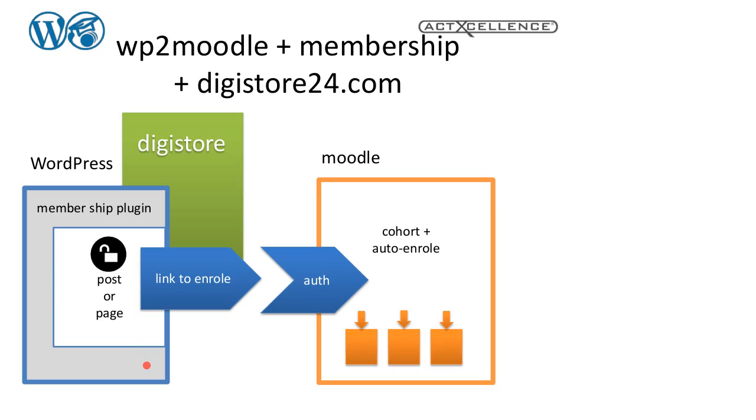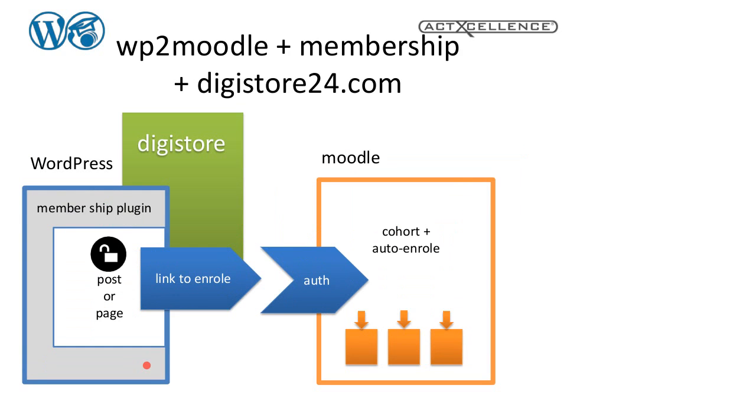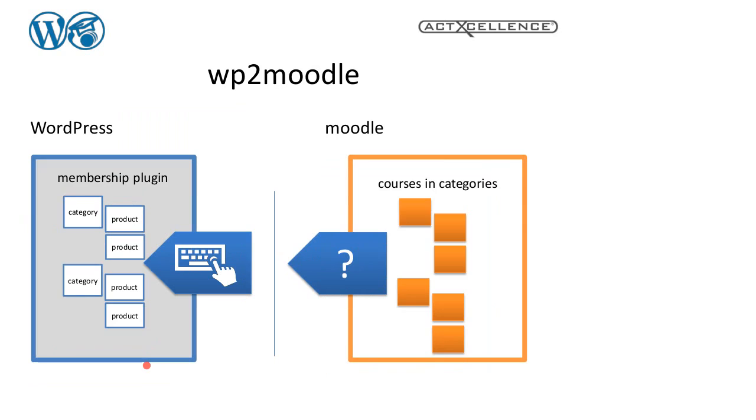And then we have another solution. Another thing we should take into account is we are still with the WordPress to Moodle plugin, and maybe you have a Moodle with categories and courses, and now you want to set up the shop.